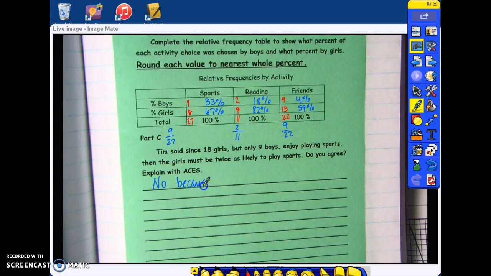Because only 20 boys were surveyed. Whereas 40 girls were surveyed.